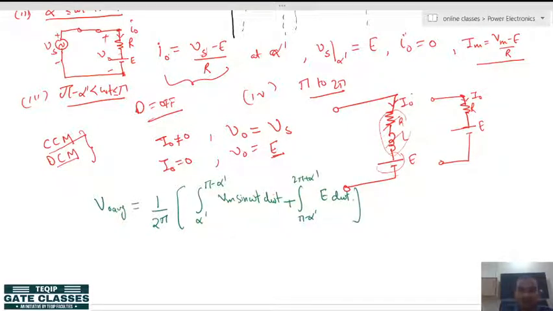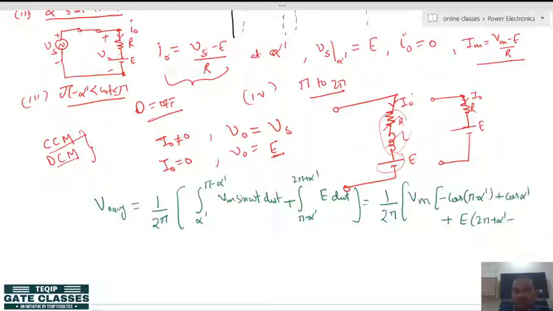If you solve it, you will get 1 upon 2 pi, V m times minus cos of pi minus alpha dash plus cos alpha dash, plus E into 2 pi plus alpha dash minus pi plus alpha dash.